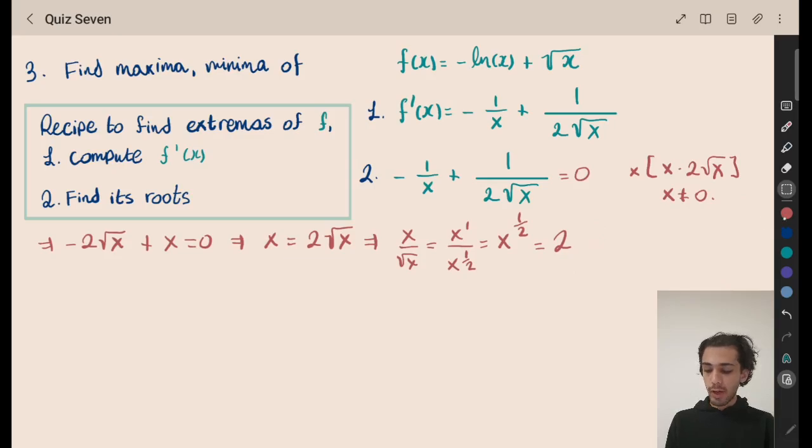Now if the square root of x is 2, then maybe I'll even write square root of x. If you want to check this, by the way, you can multiply square root of x both sides up and down, and you actually get square root of x. So as square root of x is equal to 2, then x is equal to 4.